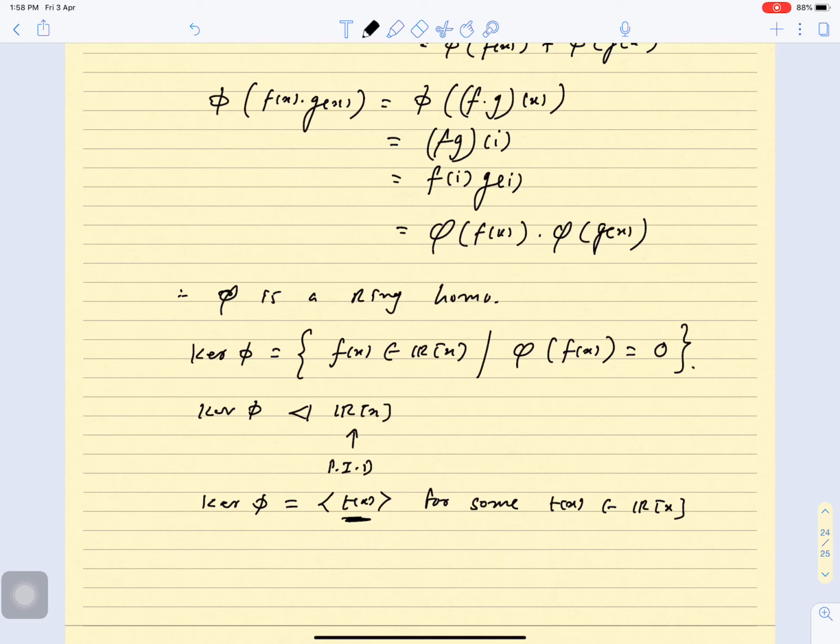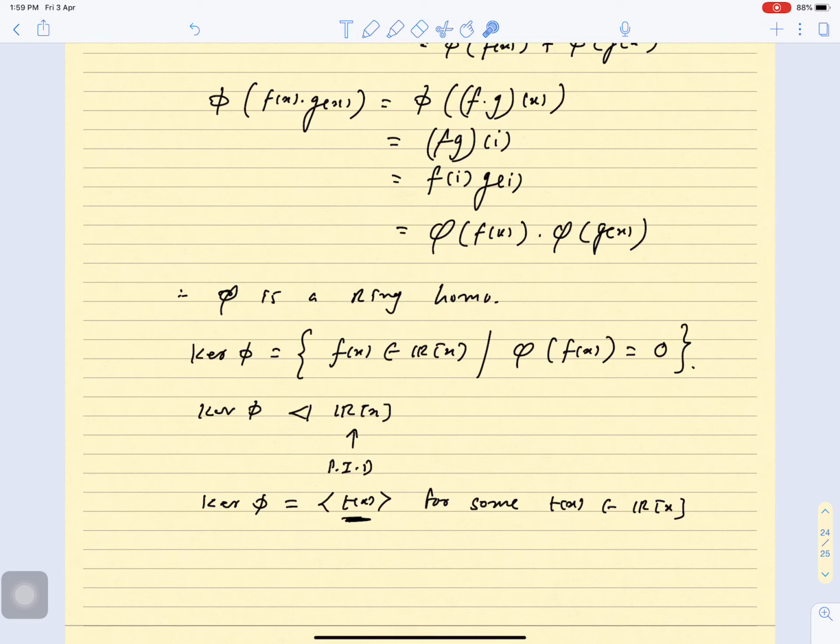In the proof of the theorem that F[x] is a PID, we discussed that any non-zero proper ideal of F[x] is generated by a polynomial whose degree is the smallest. So here, the kernel of phi consists of f(x) belonging to R[x] such that phi of f(x) is equal to 0.